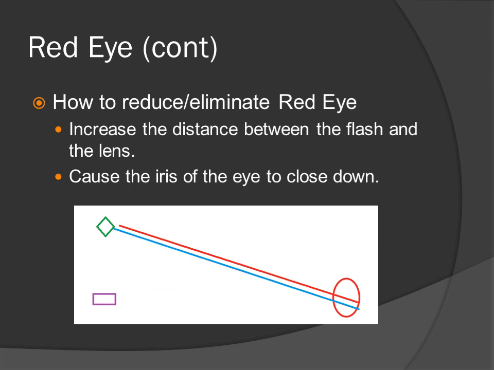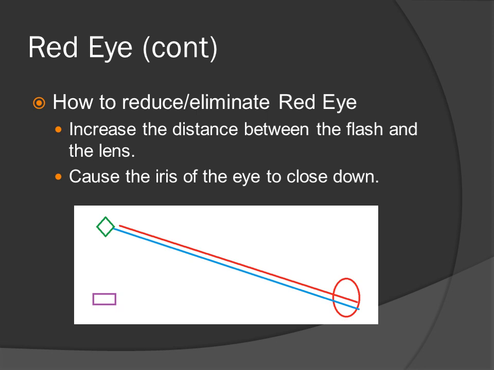How to reduce or eliminate red eye? Option 1, increase the distance between the flash and the lens. If you look at the diagram below, flash in green diamond, light goes down to the eye. Reflection from the back of the eye goes back up to the flash, not to the camera in purple. By increasing the distance, you are increasing the angle of the reflection away from the lens.